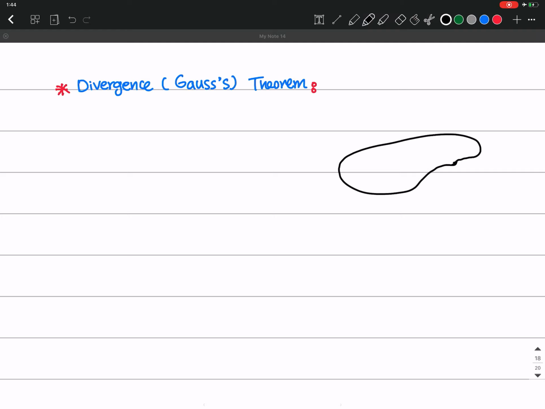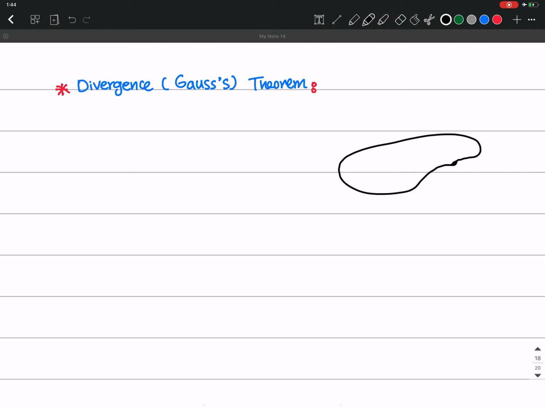In this lecture, we are going to use the divergence or Gauss's theorem to convert the surface integrals to volume integrals, and then based on that, we will use that to convert the integral forms of the equations into their differential form. Okay, so let's get started.